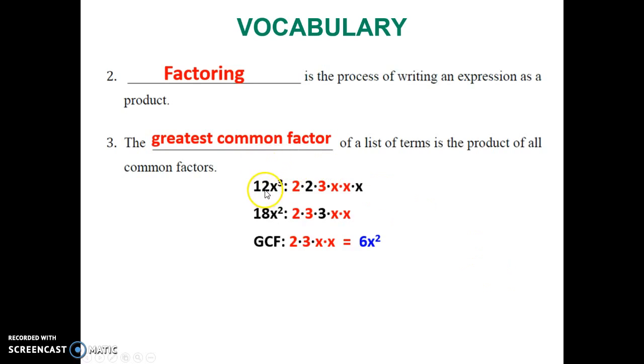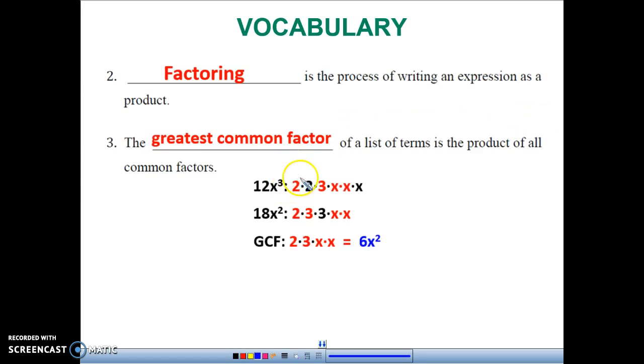Okay, I have an example here, 12x to the third and 18x squared. If you write the 12 and the 18 as prime factors, and then write your variable terms in expanded form, you can see what's common between the two.